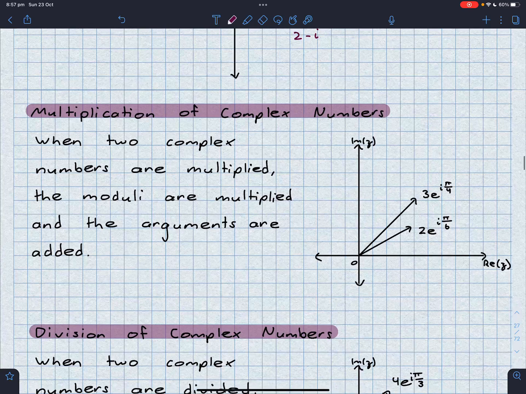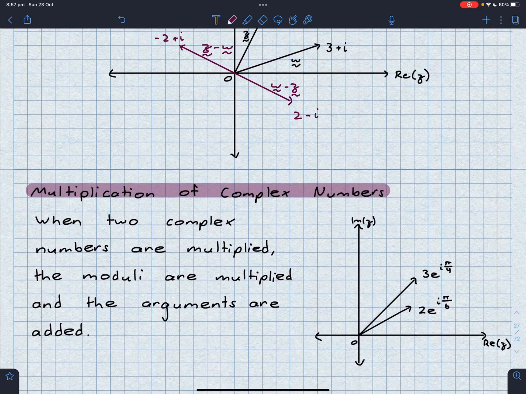Okay. If we are multiplying complex numbers, we're going to look at this in polar or in exponential form. So we know from our polar arithmetic that when we multiply two complex numbers, we multiply the moduli, but then the arguments are just added together.